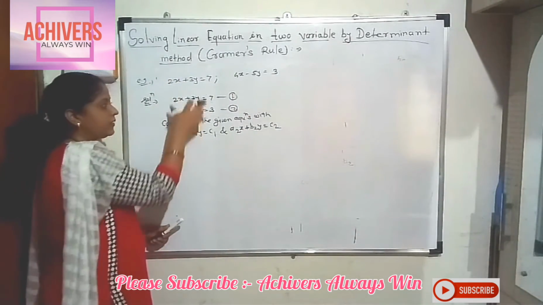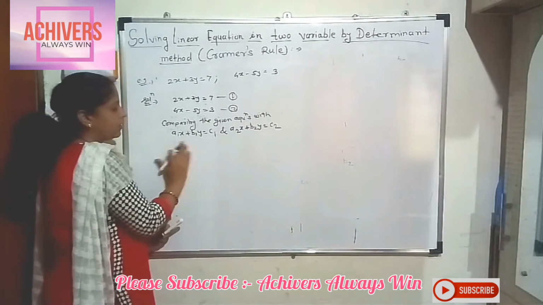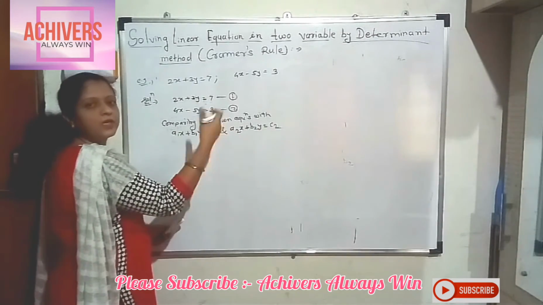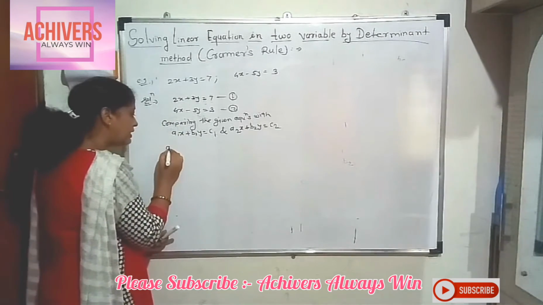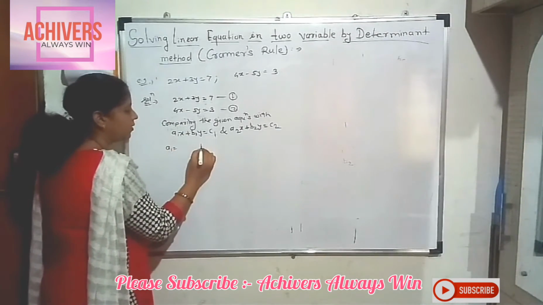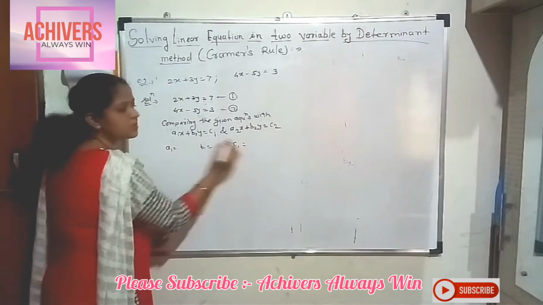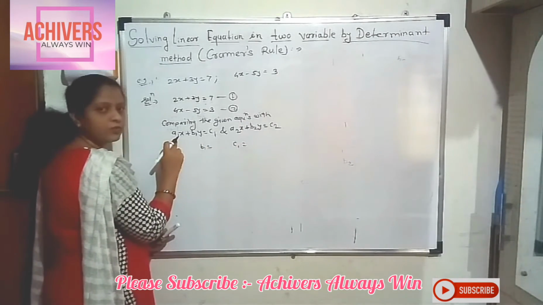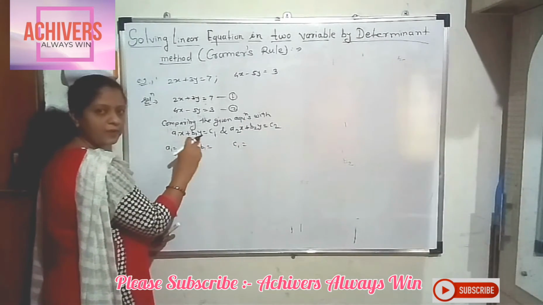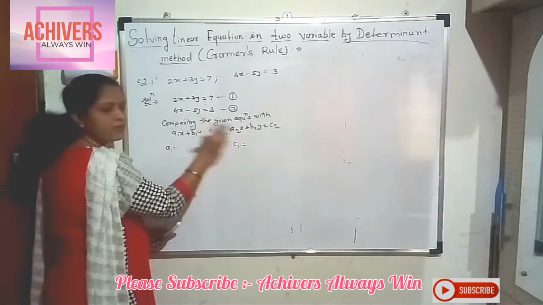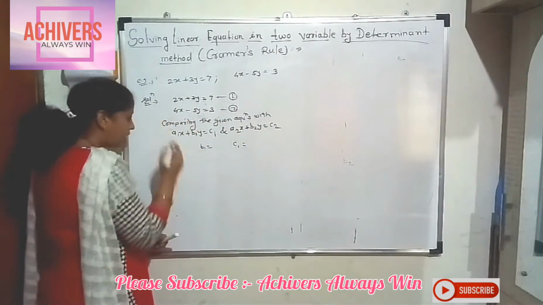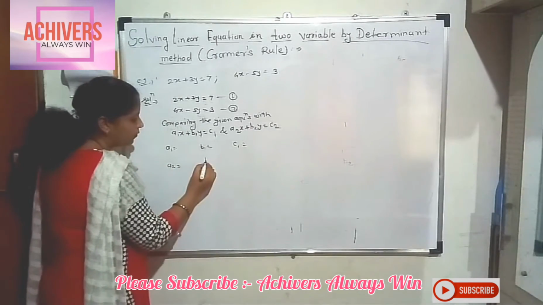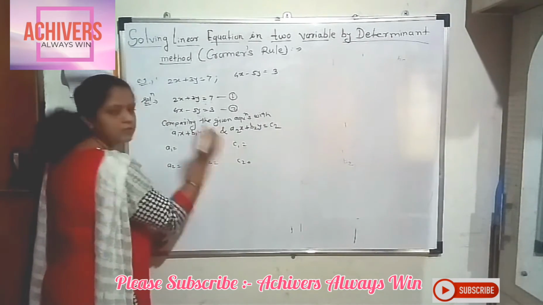If we compare those two equations with A1x plus B1y is equal to C1 and A2x plus B2y is equal to C2, then we get the values for A1, B1, C1, and for A2, B2 and C2.